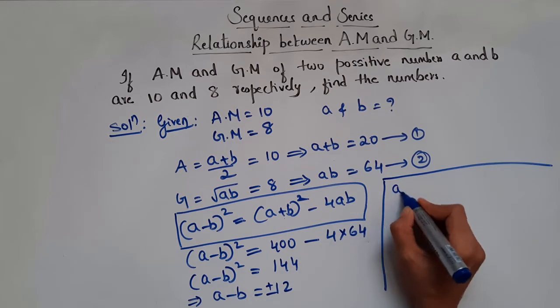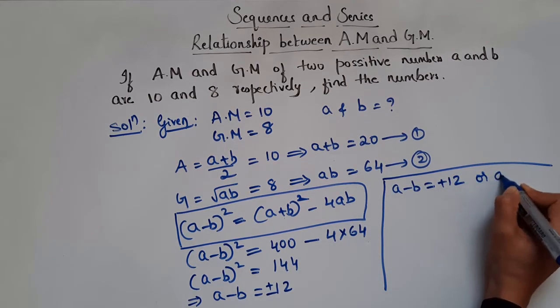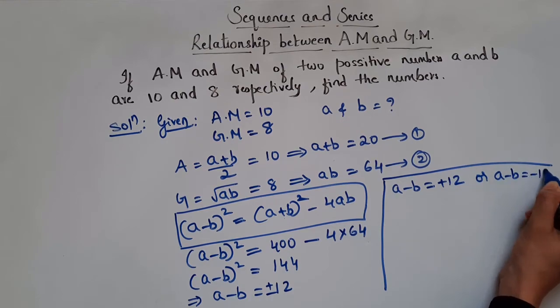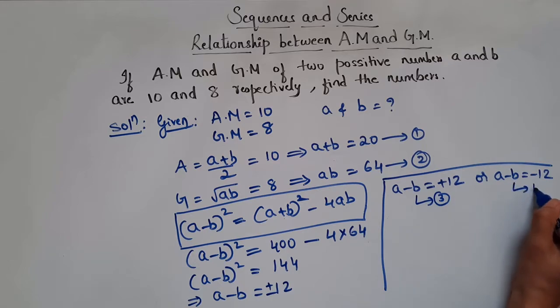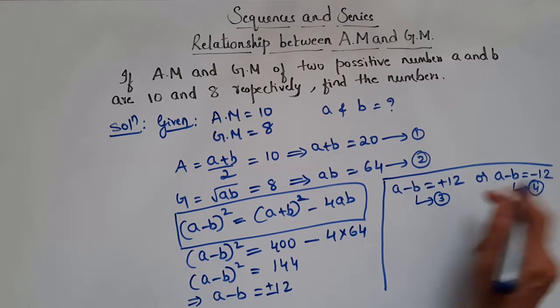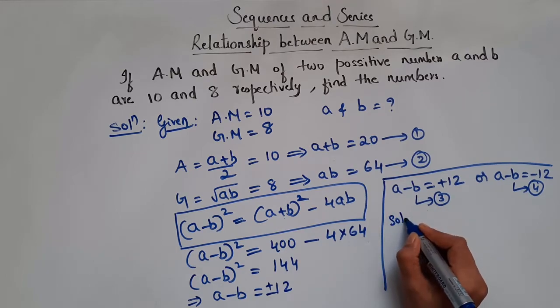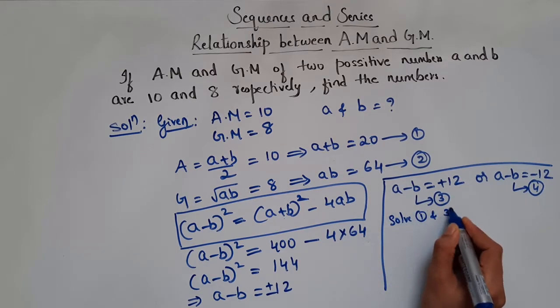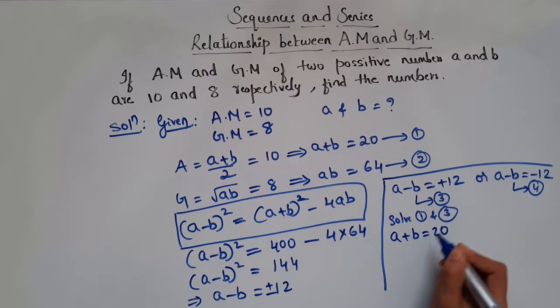So first let's take a minus b is equal to plus 12 or a minus b is equal to minus 12. So now let's take this equation as 3 and this equation as 4. So let's solve equations 1 and 3. We have a plus b is equal to 20 and we have a minus b is equal to 12.